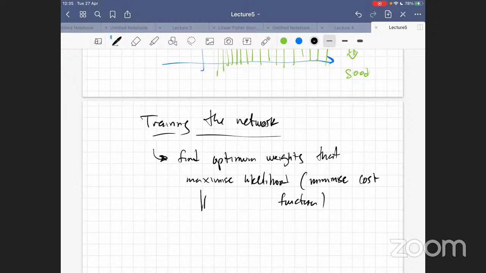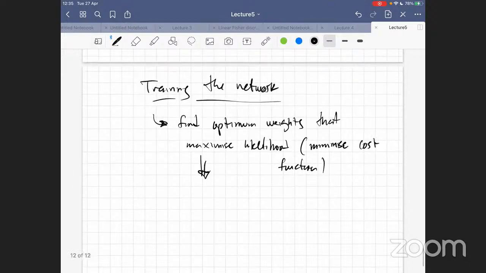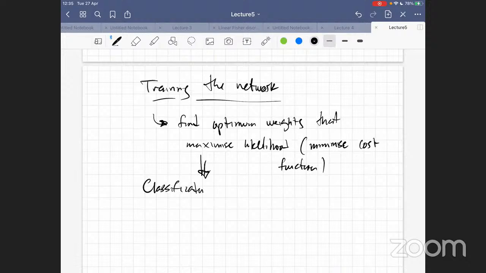And let us work here in the context of classification, where I have the cross entropy. Let me write the cross entropy again here.